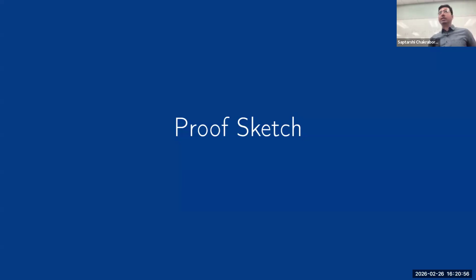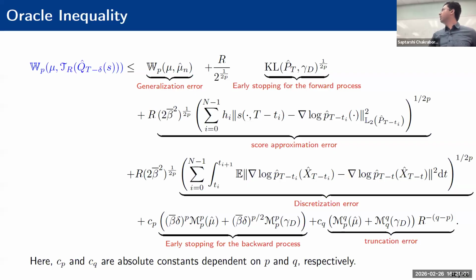I guess we can skip the bulk of the proof sketch, but it's quite simple really. We decompose this error into various parts: generalization, early stopping of the forward process, score approximation, discretization, early stopping of the backward process, and truncation.